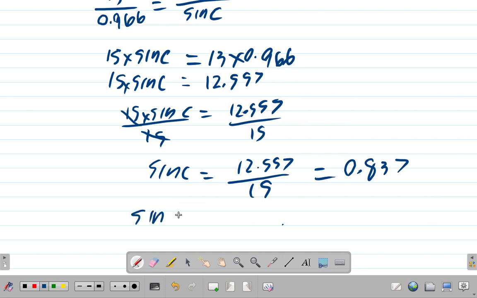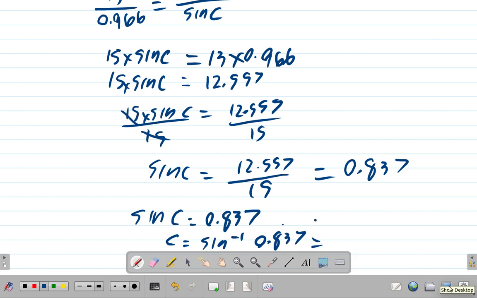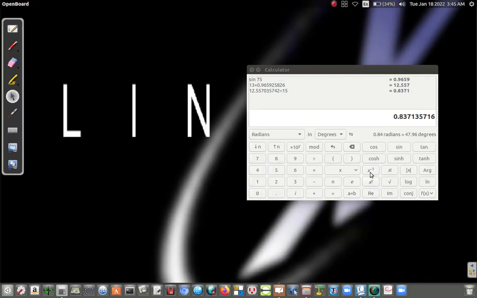Now that you know that the sine of angle C is 0.837, how do you find C? Well, C is equal to the sine inverse of 0.837. On my calculator it's sine inverse like that; with other scientific calculators, you use the shift or second function. What you have here is 56.8 degrees.